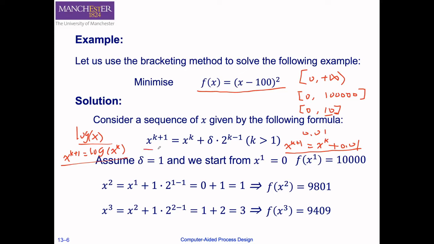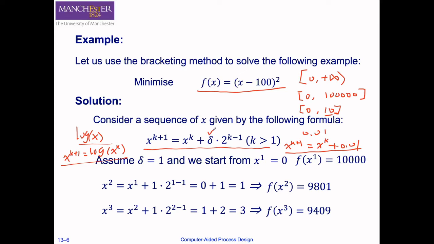Let's consider this formula that is used to find the point for the next iteration based on the point at the current iteration. In this formula, we have a parameter delta. This parameter is used to control how far we can go from the current trial point to the trial point for the next iteration.